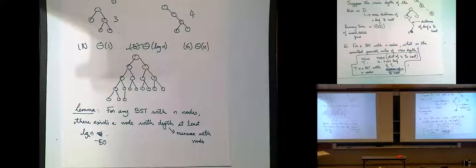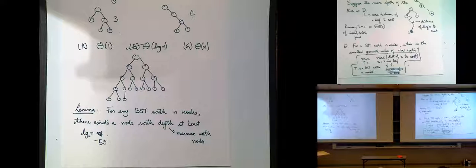It's like saying that if there is a node whose depth is 100, then obviously there is a node whose depth is 100 minus 50.